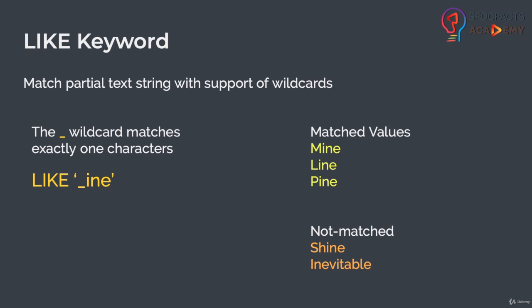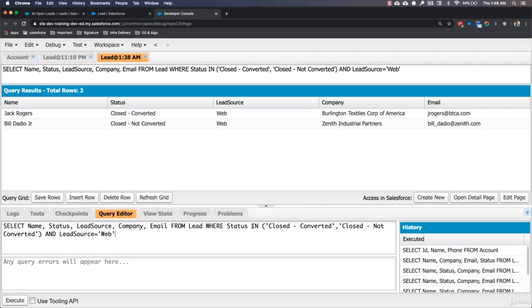So let's go back to the developer console and use our LIKE keyword. So let's remove this IN keyword and these values. What we can do is LIKE, and then I'm going to write closed here. One more thing that I forgot to tell you about the LIKE keyword is that it performs the search case insensitively.